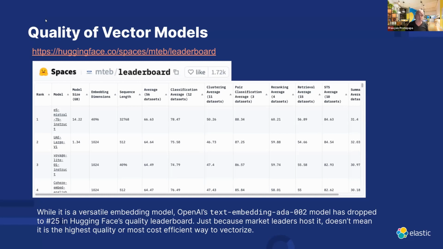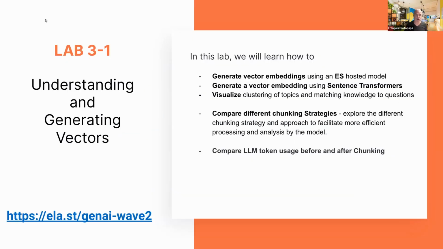This is an available resource for anyone looking to compare different models. As you can see, for example, market leader models are not always the best. Good. Then let's go a bit deeper into the topic that I presented, going through the lab.